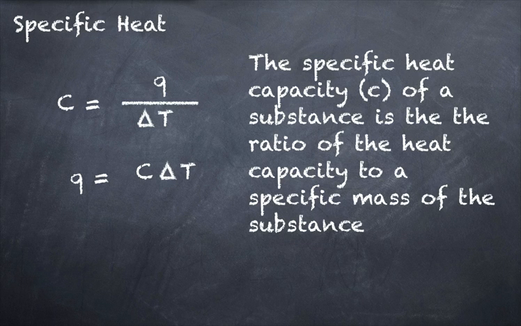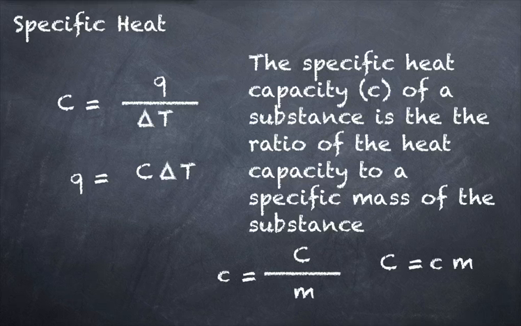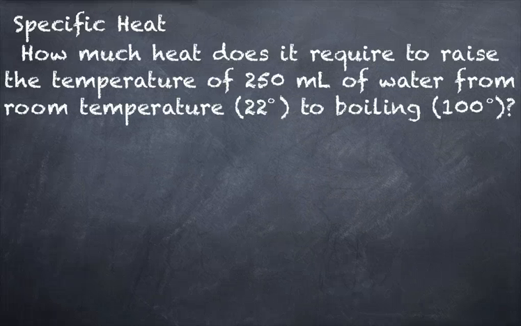It's just divided by the mass, so it's per unit of mass. So we have the heat capacity C divided by whatever mass of the substance you're talking about, and so lowercase c is the specific heat, and so the heat capacity is equal to the specific heat times the mass that you're talking about.